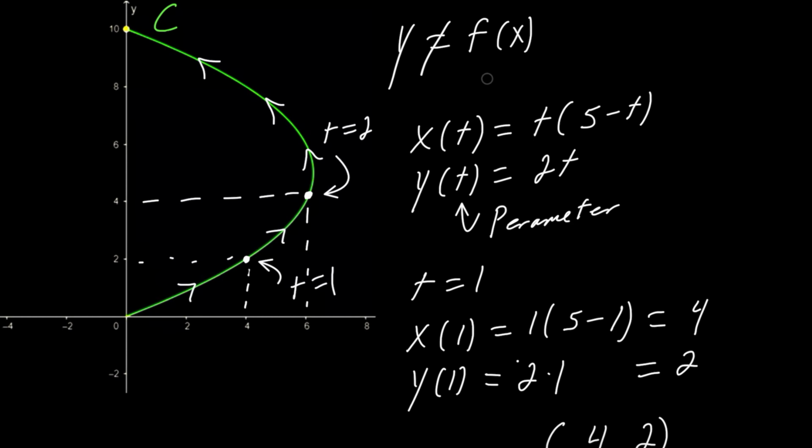Instead of describing y as a function of x, or x as a function of y, we can have x and y as a function of a third, different independent variable, which will be our parameter. This is how we describe a curve when we can't define that plane curve in terms of x's and y's. We use a third independent parameter, hence the name parametric equations.